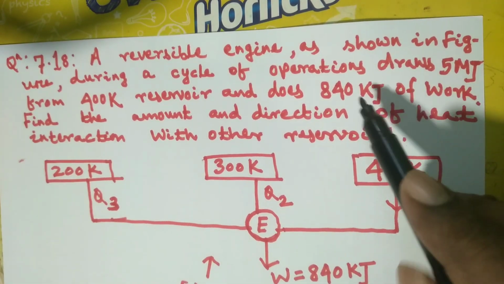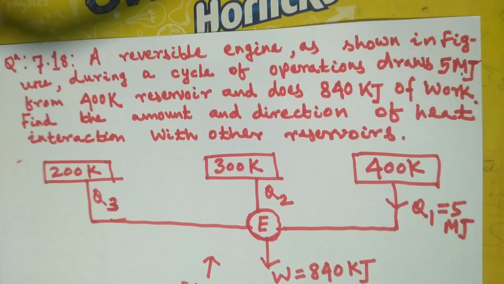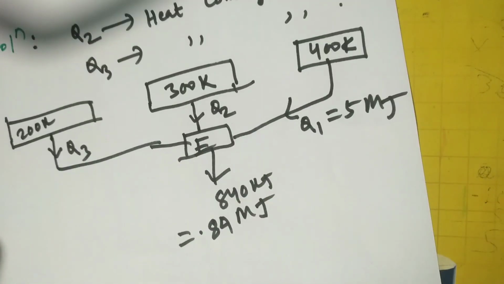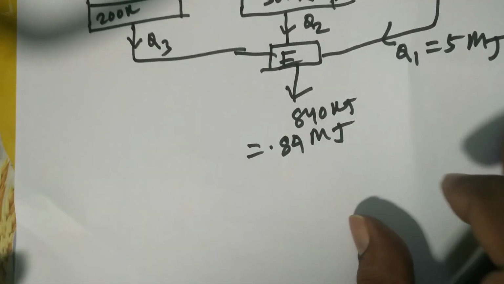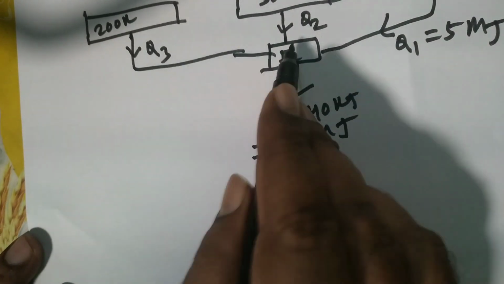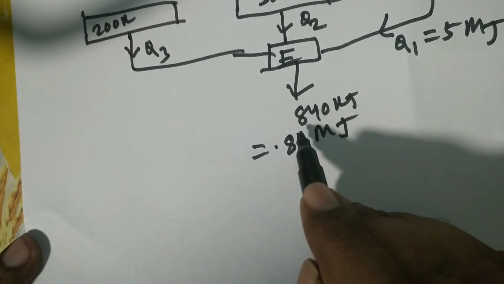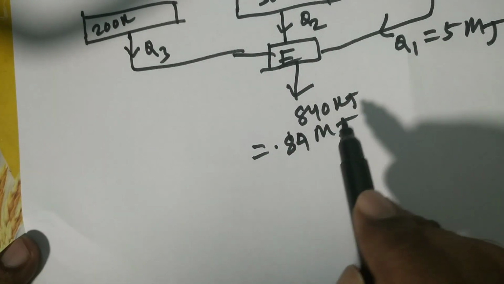If you read the question, it draws 5 megajoule from the 400 Kelvin reservoir. Now Q2 and Q3, both magnitude and direction, are to be obtained. These are our assumed directions. All heat interactions are coming to the heat engine, only the work interaction is going out of the engine, or work is produced.